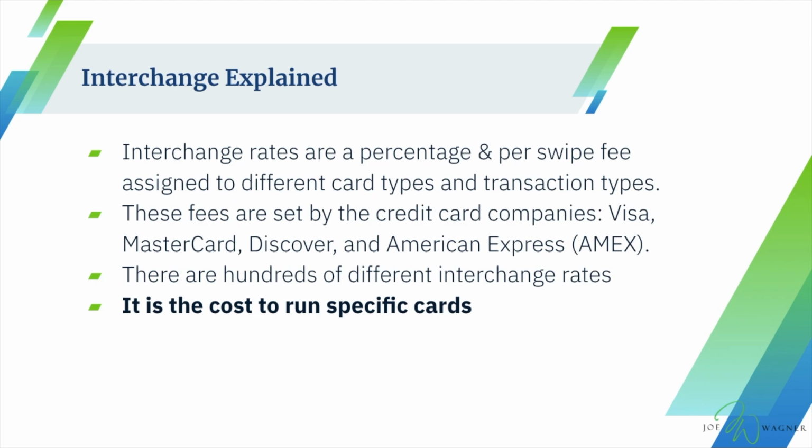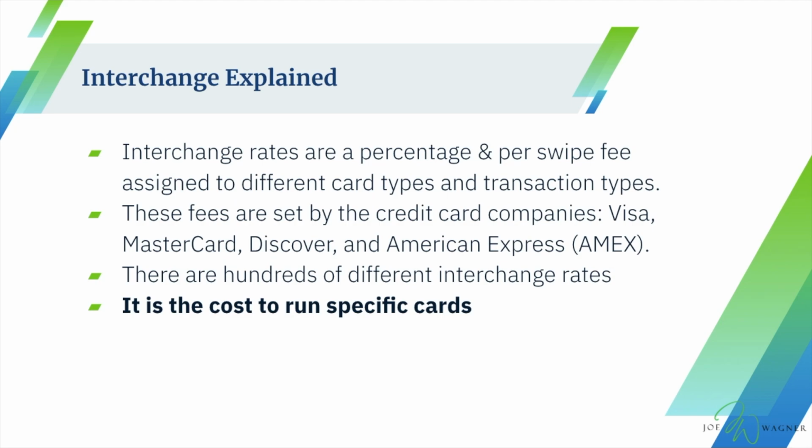Like I said, you could swipe it, you could insert the chip, you could tap and do Apple Pay. You could call a pizza delivery service and give them the credit card over the phone. You could go on a website and enter the credit card number yourself. So all those different ways you run a card, multiplied by all the different types of credit cards out there and the rewards associated with them and the bank that gave them to you, those things all get broken down by the credit card companies and then they pass a cost on to the processor.